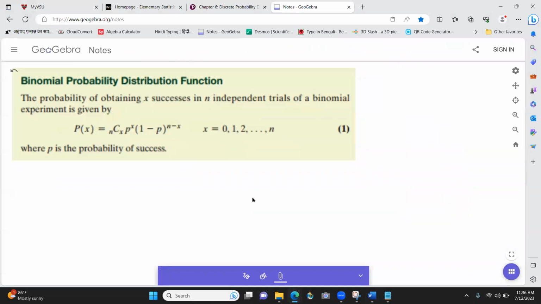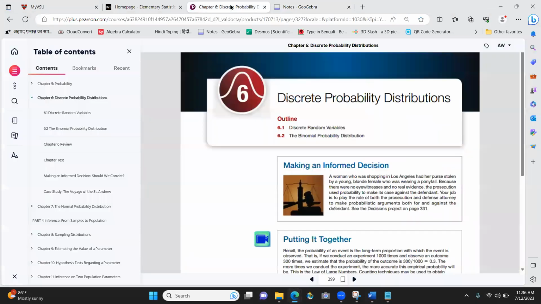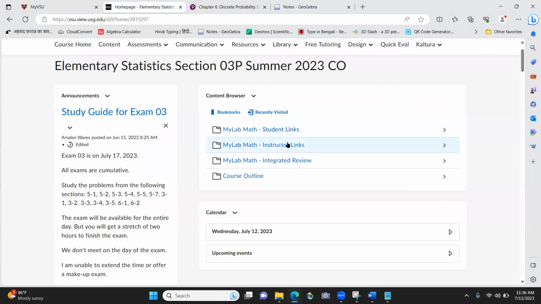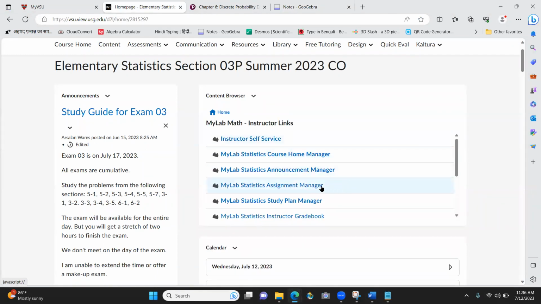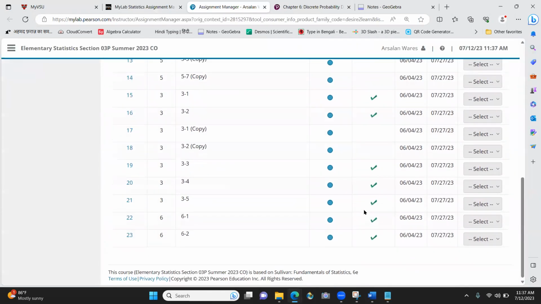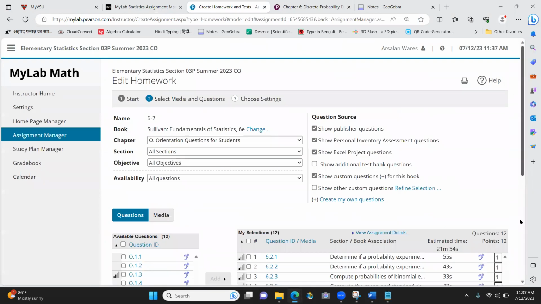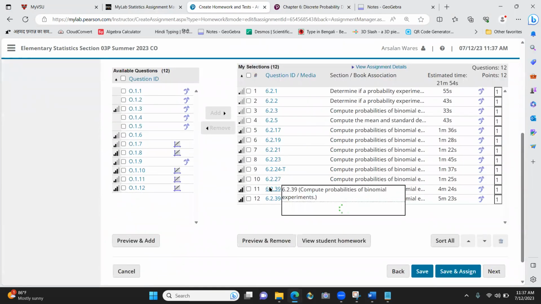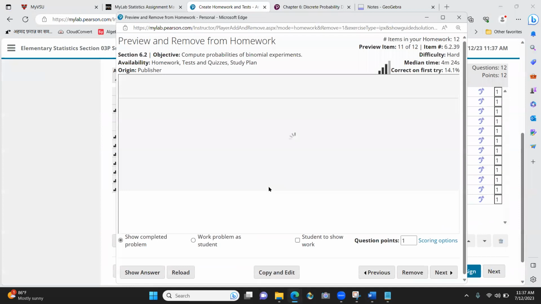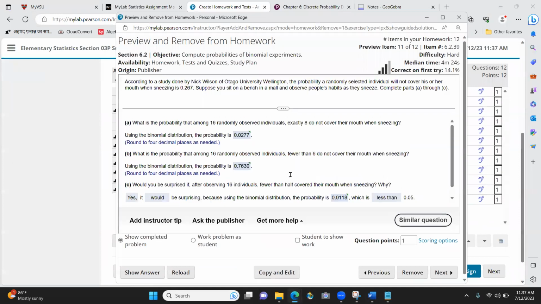Let me grab a problem from your book, from your MATLAB that I assigned, and I'll explain that formula using an example from your book. That's probably the safest thing to do. All right, I have the answers here.